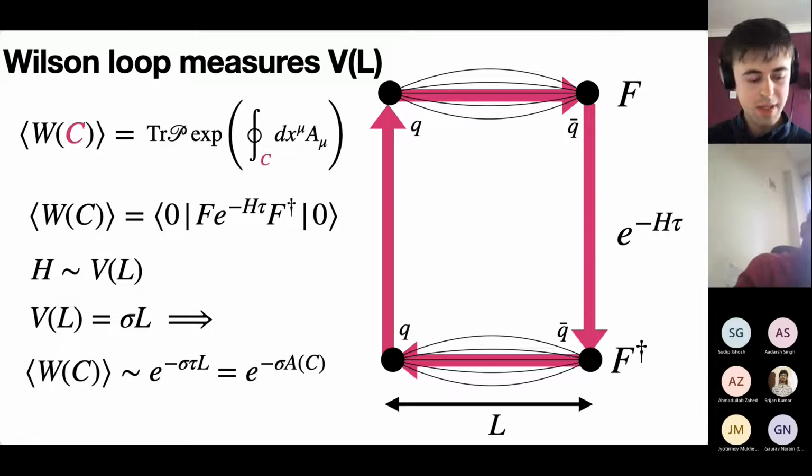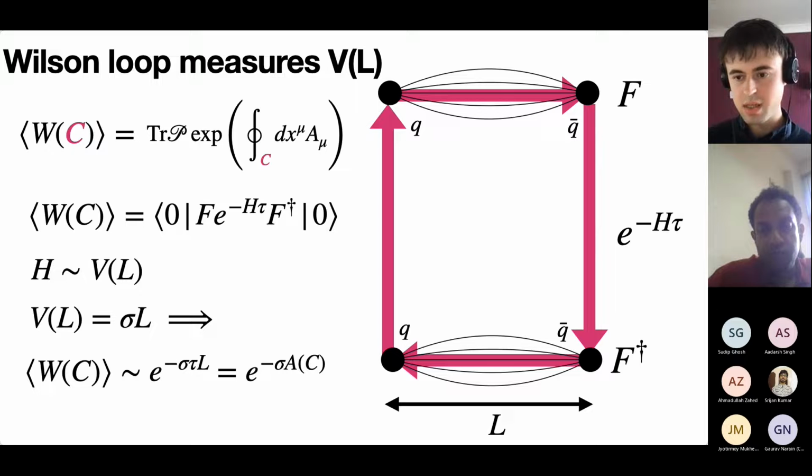And if we have the special property that the potential is linear, then the exponent corresponds to the area of the path C, and this easily generalizes to different shapes of loops, as you can just combine rectangles. And because it's constructed from a Wilson loop, it's a gauge invariant and precise statement. So this is a precise way of encoding that the potential is linear.